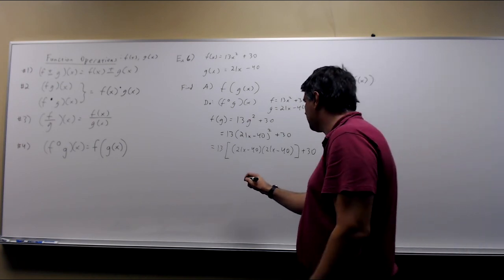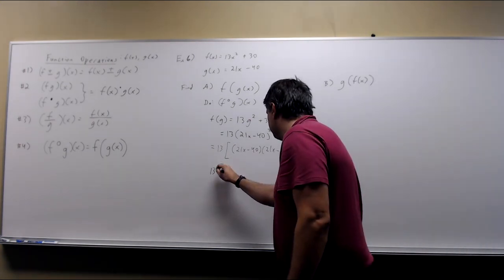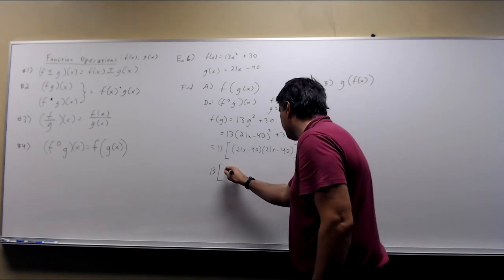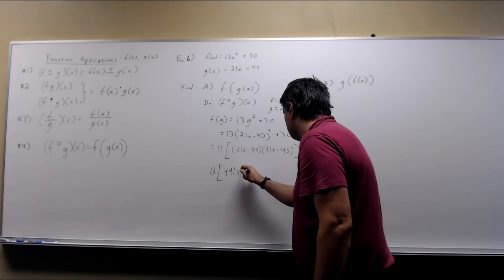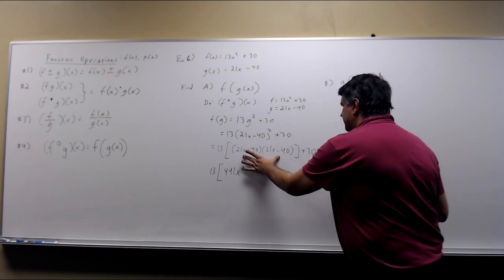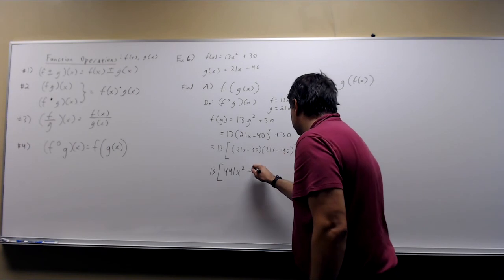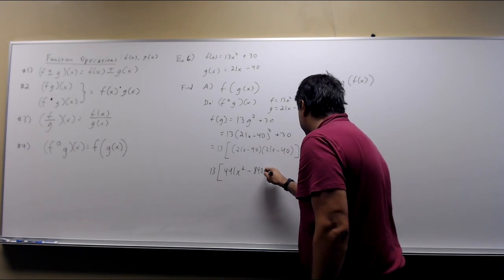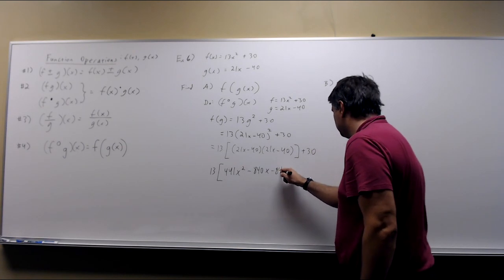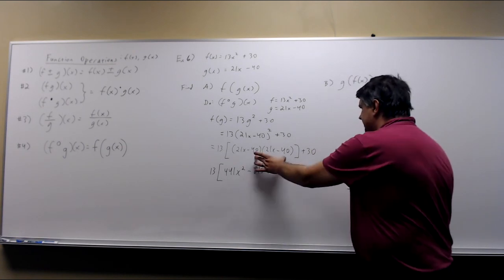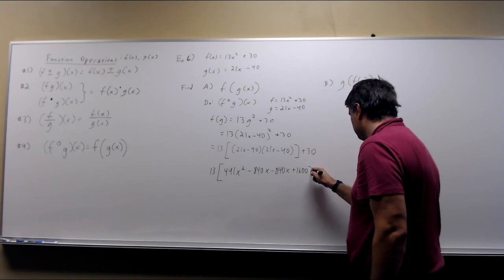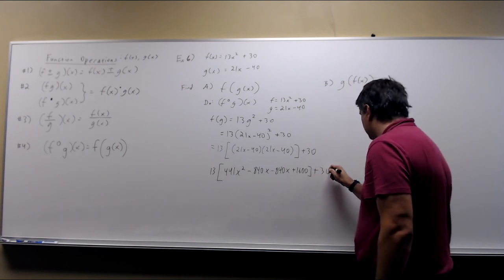All right, so this is going to be, under the FOIL method, 441x squared minus 840x minus another 840x plus 1600 plus 30.